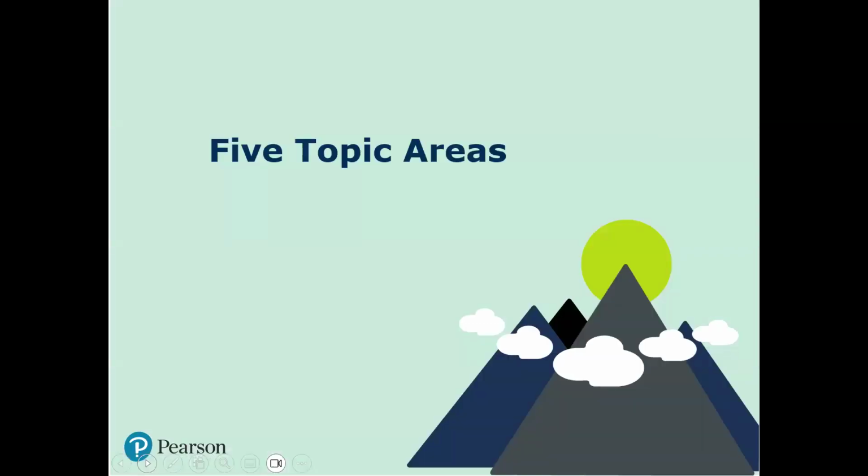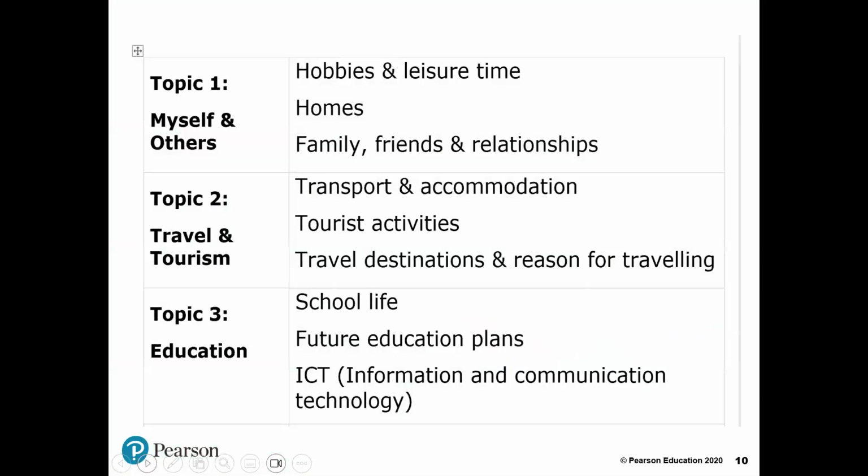Now, in terms of the topic content and what you need to be teaching and dealing with, there are 5 topic areas. So we're going to say a little bit about the topic areas, but topic area 1 is myself and others. So that covers hobbies and leisure time, homes, family, friends, and relationships.